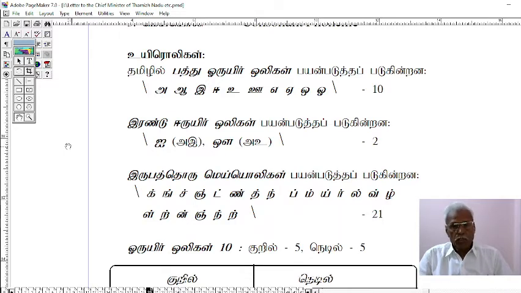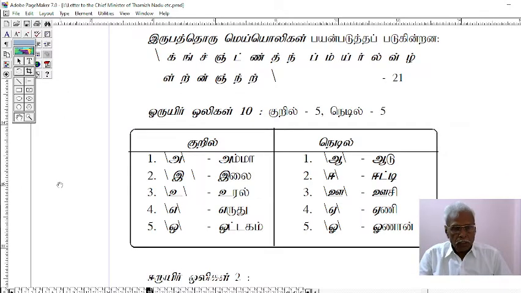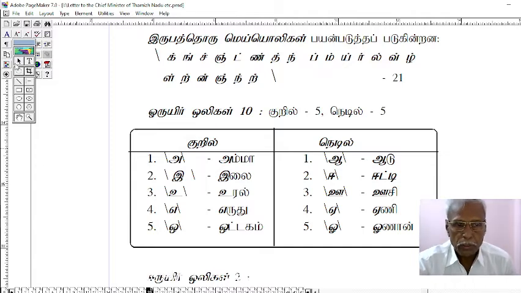Today we are going to see the vowels and diphthongs used in Tamil. See that the 10 vowels have been classified into two kinds known as kuril and nedil, that is short and long vowels. Short vowels are 5, from these to these. Long vowels are 5, from these to this.